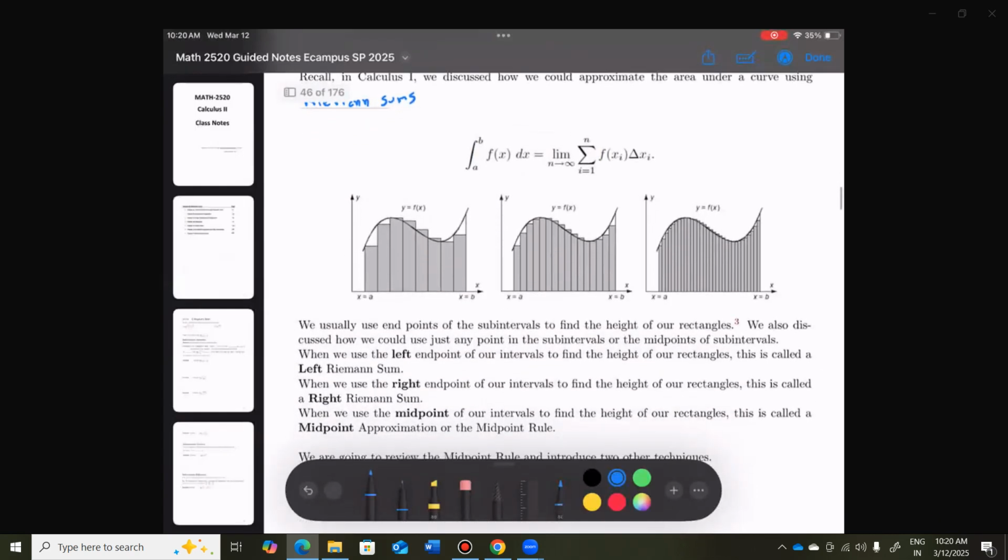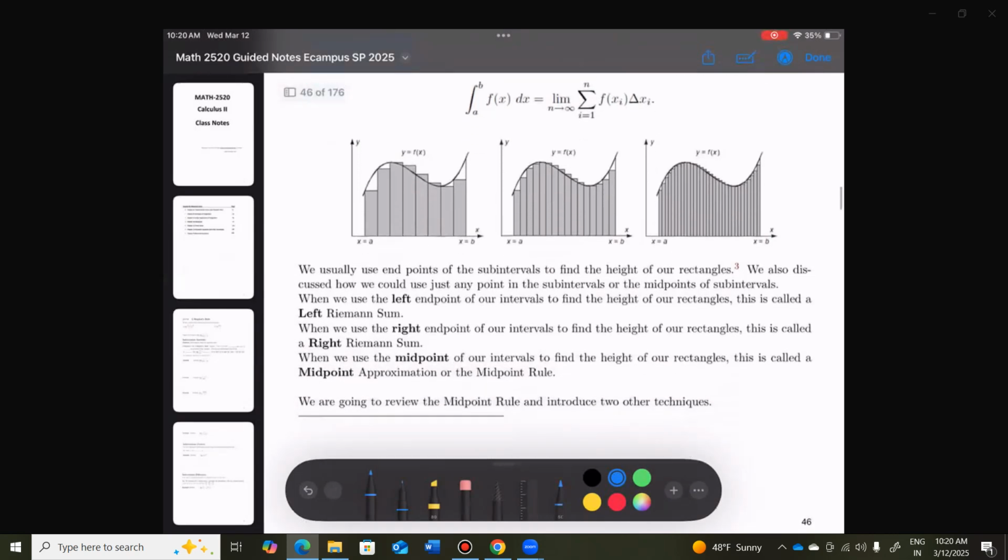With Riemann sums, we looked at left Riemann sum, right Riemann sum, and the midpoint Riemann sum, and we found that the left or the right could be either an over approximation or under approximation, and normally the midpoint was the more accurate approximation.